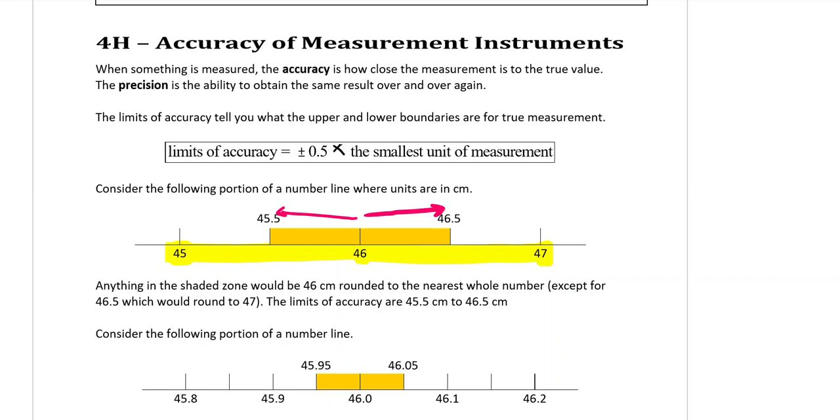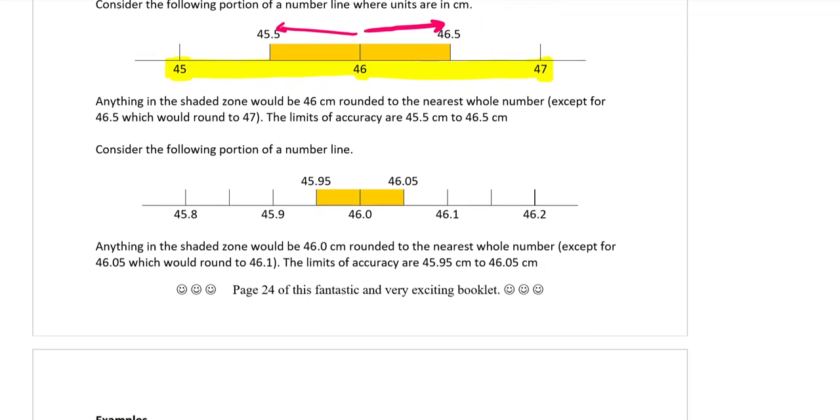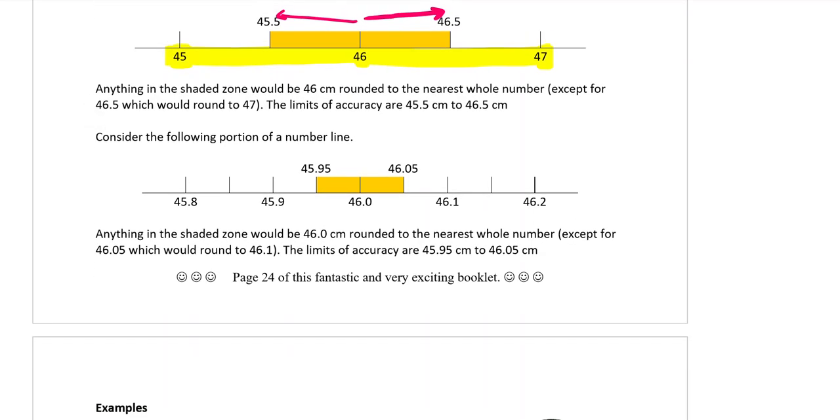Okay, so if we want to find the limits of accuracy, this is our formula. We have plus or minus half times the smallest unit of measurement. And I've just given the example of, if it was centimetres, it would be half a centimetre up or half a centimetre down. What if we had something to 1 decimal place?